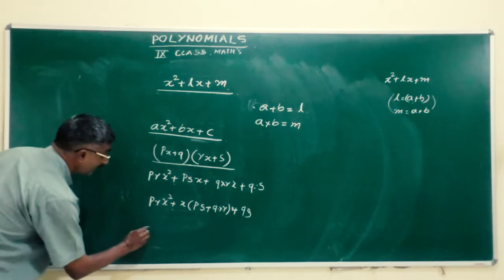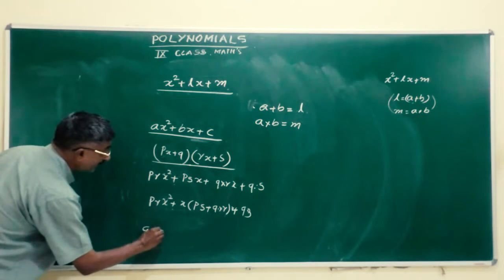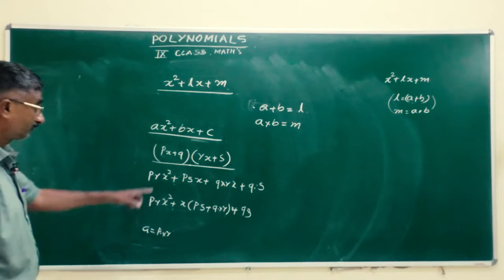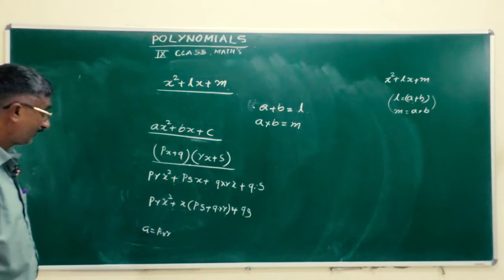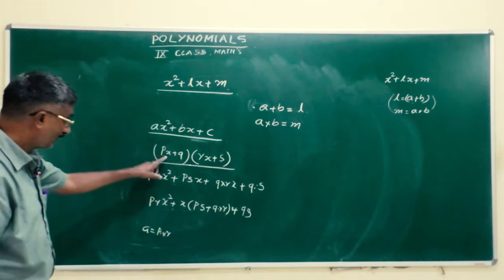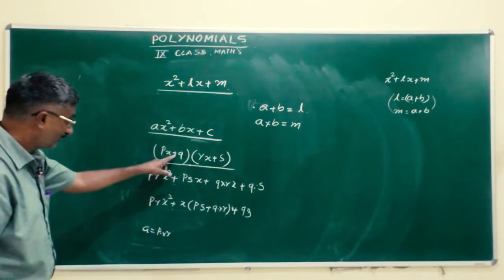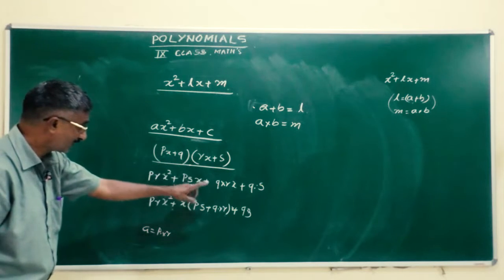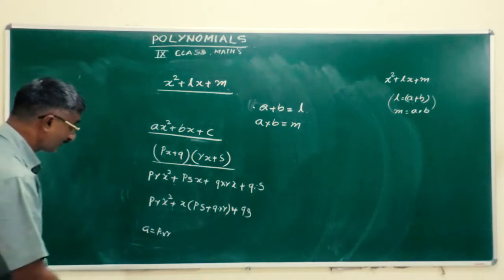We can say that a is equal to p into r. Okay, p r x square correct, then p s x correct, q r x correct, q s correct. Okay.